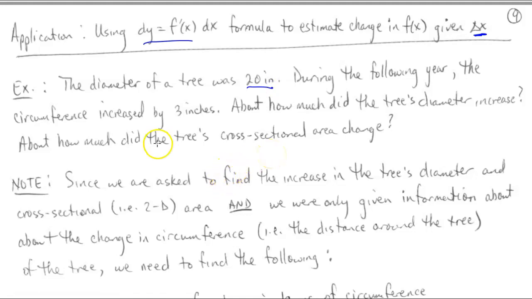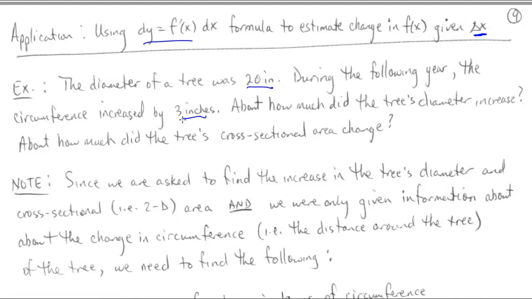During the following year, so that means we waited a year, we see that the circumference had increased by 3 inches. So snapshot in time, we see diameter of tree was 20 inches. We waited a year later, and then instead of measuring the diameter again, we measured the circumference. And we see that the circumference of the tree had increased by 3 inches.